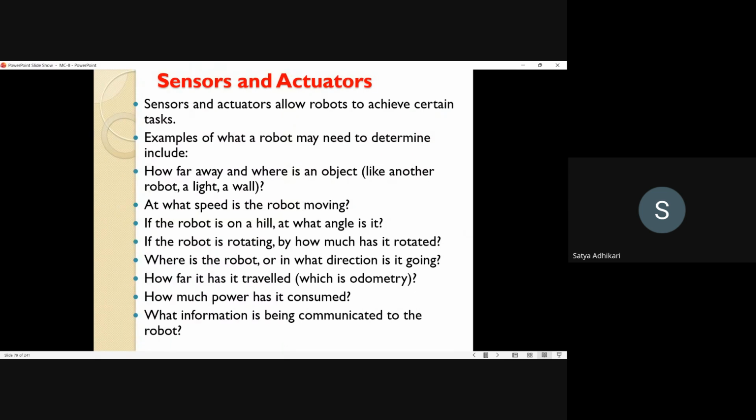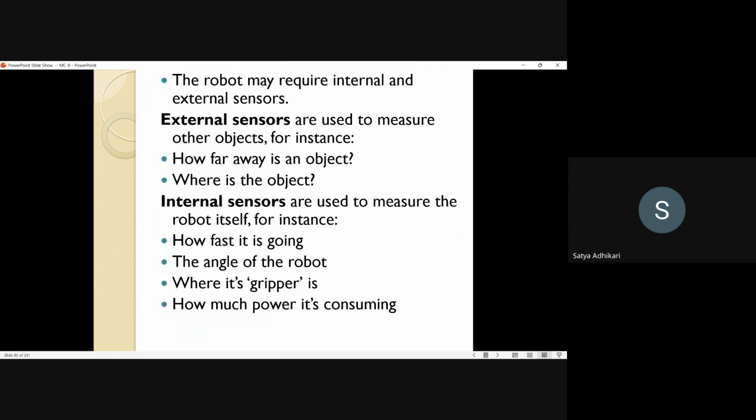Examples of what the robot may need to determine include how far it is going, at what speed it is moving, if the robot is on a hill, at what angle it is, if the robot is rotating, by how much it has rotated, where the robot is, in what direction it is going, how far it has traveled, and how much power it is consuming. What information is being communicated to the robot?